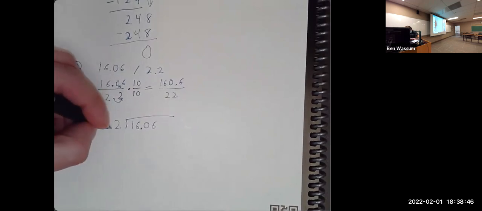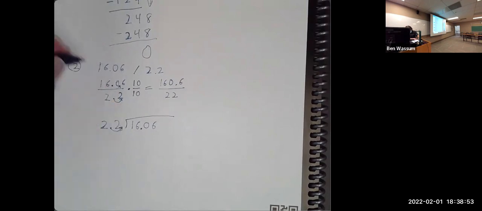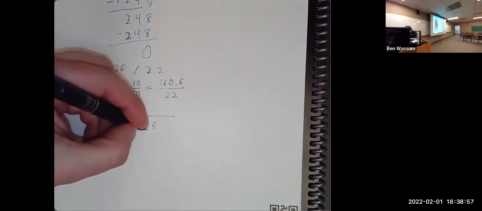So you take that decimal point and you shift it over until it is. And you say, how many times did I just shift that over? Once. So you do that to the same thing in here. And you can see what we're doing is essentially a shortcut to doing this.